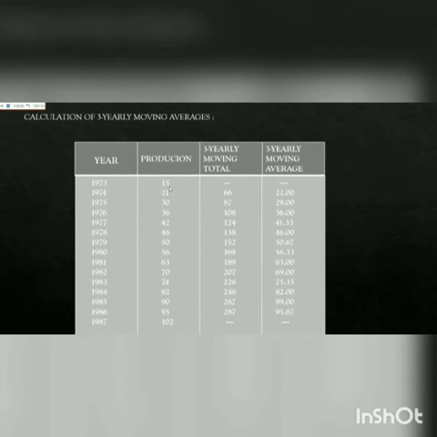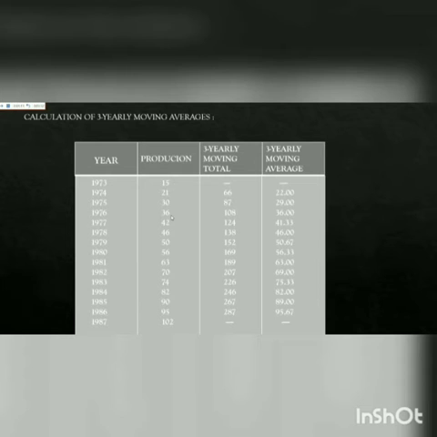Then leave the first year and add up the values of the next 3 years. That is 21 plus 30 plus 36 is equal to 87. Then leave the first 2 items and add the values of the next 3 years' production. That is 30 plus 36 plus 42 is equal to 108.